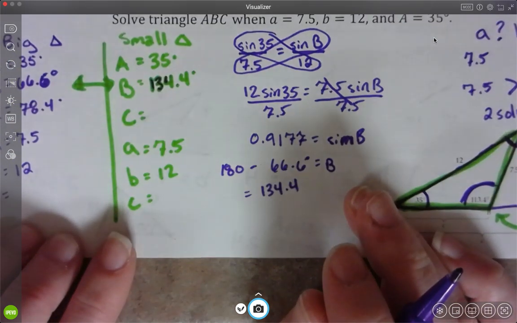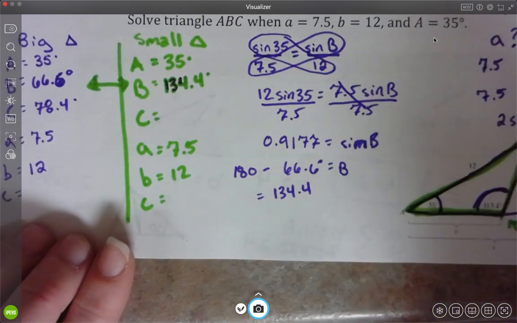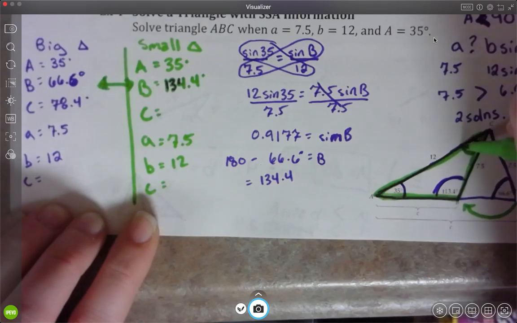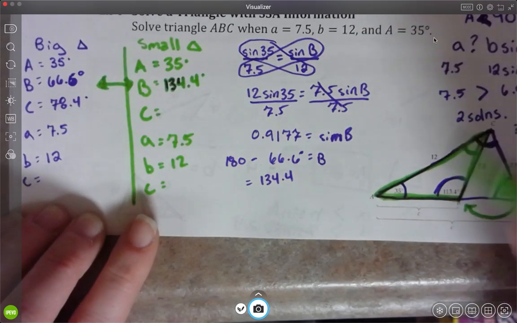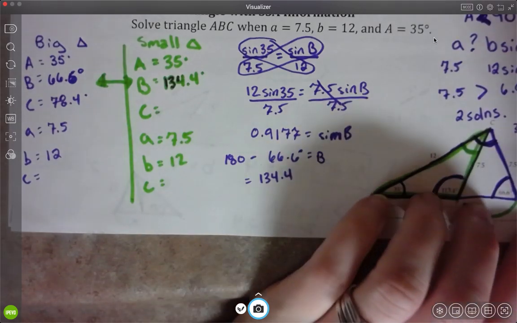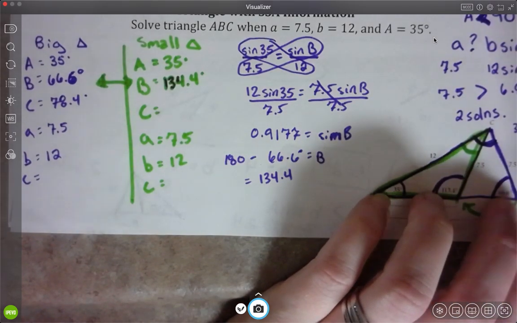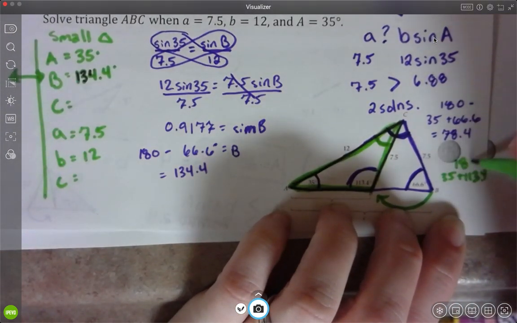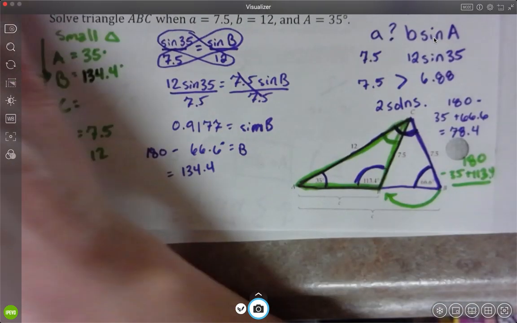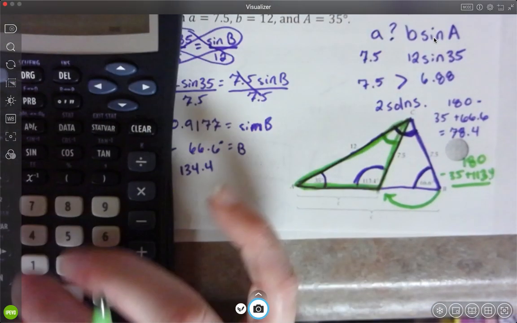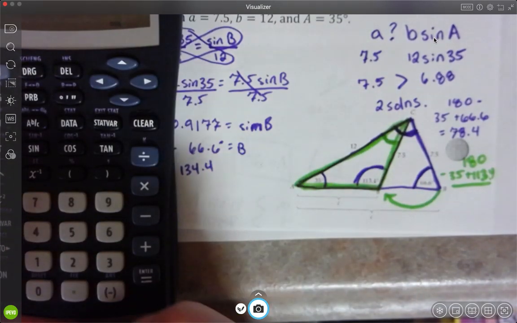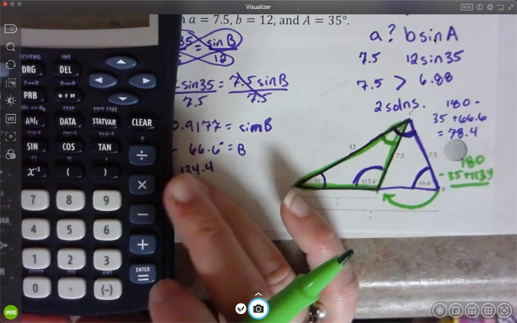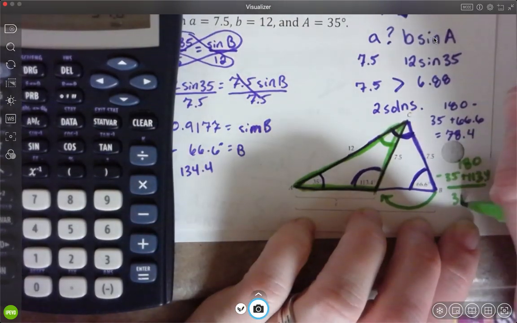If I'm going too fast, pause the video and you can write some of this stuff down. Let me zoom out here. Now, if I want to find this small angle for that green colored triangle, I would add 35 and 113.4, over here, and I subtract that from 180. 180 minus 35 plus 113.4, and I get 31.6 degrees.